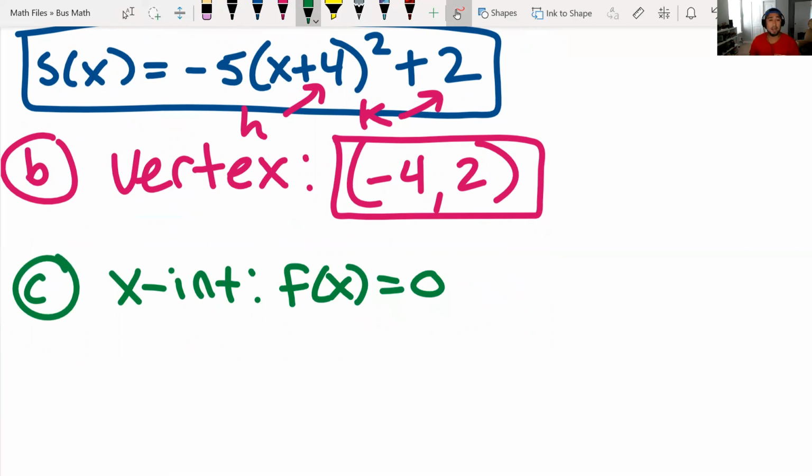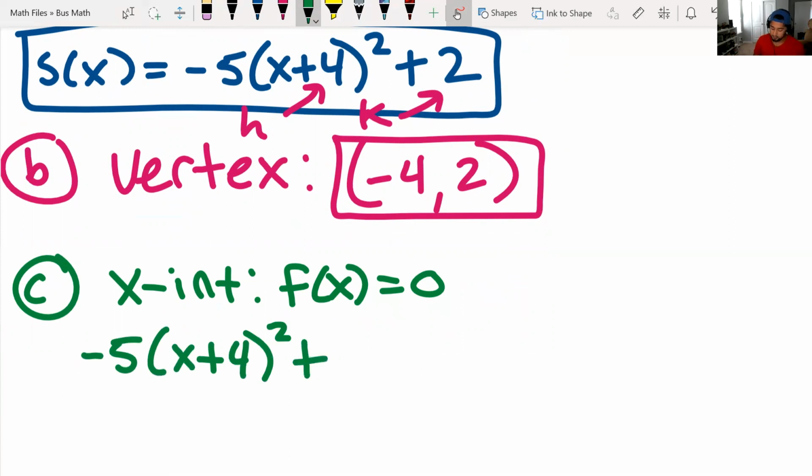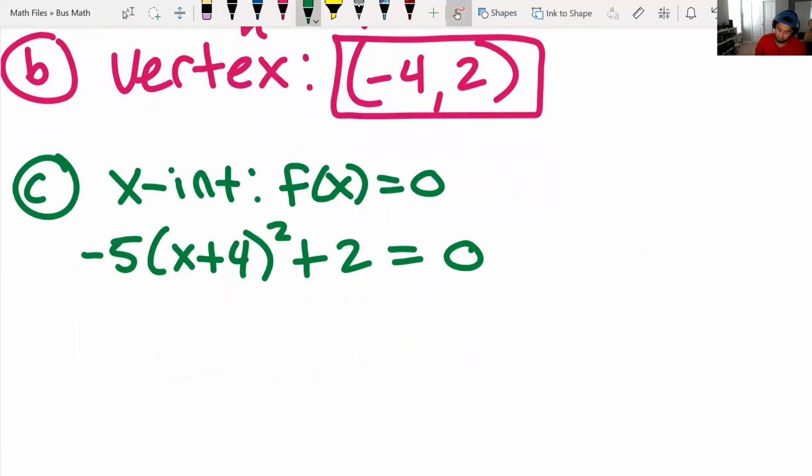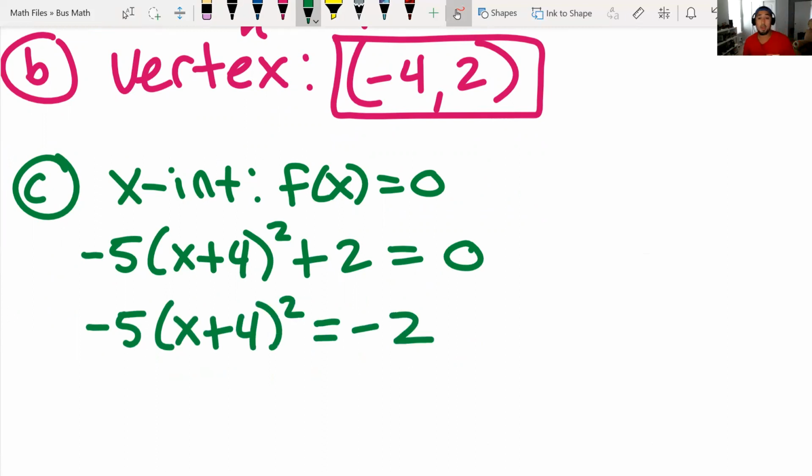X-intercept, let f of x equal 0, set the vertex form. Negative 5 times x plus 4 squared plus 2 equal to 0. And solve for x. Move that 2 over. And then we need to get x plus 4 squared by itself. So then you'll divide by negative 5.